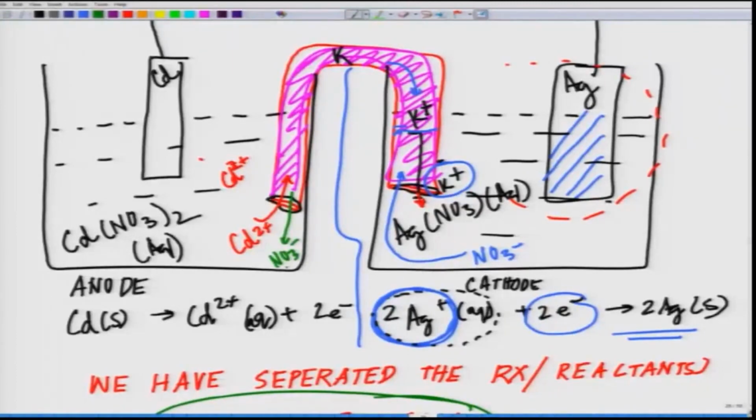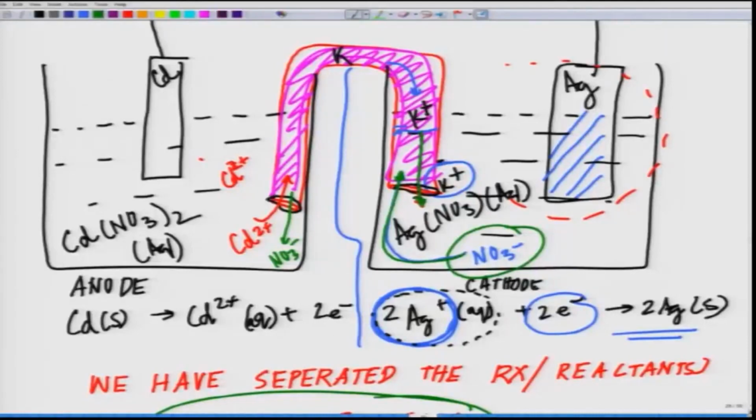So, on the cathode chamber, if you look at it, the negatively charged ions migrated slightly, a small amount of migration took place into the salt bridge, whereas positively charged ions from the salt bridge, potassium ions, slightly migrated to the cathode side.